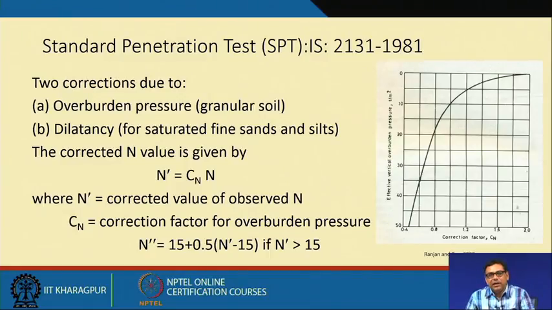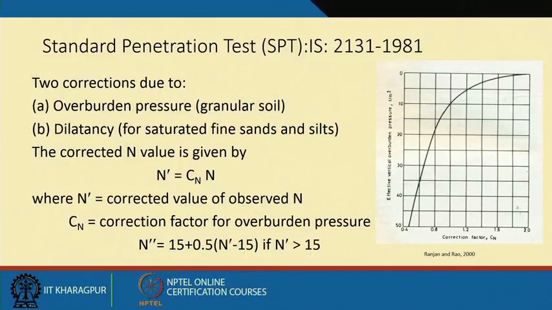So basically the strength of the soil will increase because of this phenomenon, and you will get a higher N value. But when we actually construct the foundation, these things will not happen in the field.